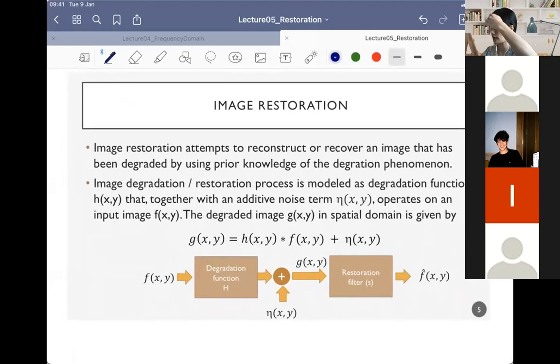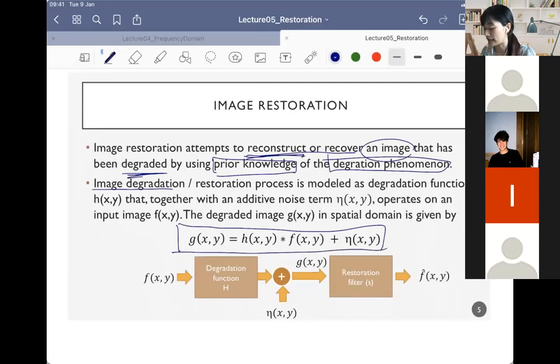First of all, I would like to talk about the definition of image restoration. It's trying to fix, recover or reconstruct an image that has been degraded by some degradation phenomena. The model of image degradation is modeled in this way. First, you have an original image, for example a very clear image.